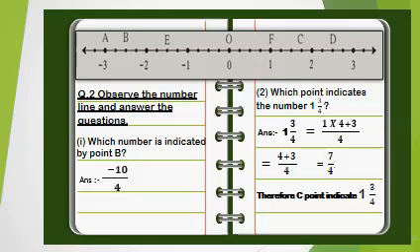We will multiply 1 into 4 and add 3 to that, upon 4. 1 4s are 4 plus 3 upon 4. 4 plus 3 equals 7/4. So we have converted this mixed fraction into a normal fraction.